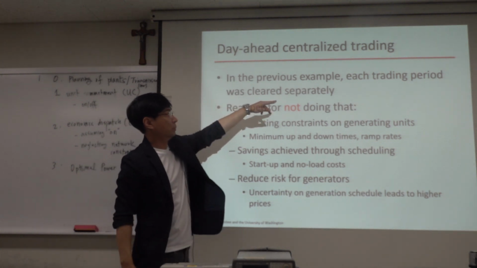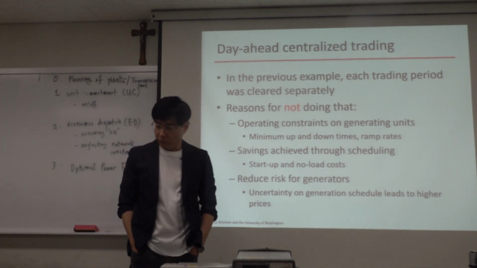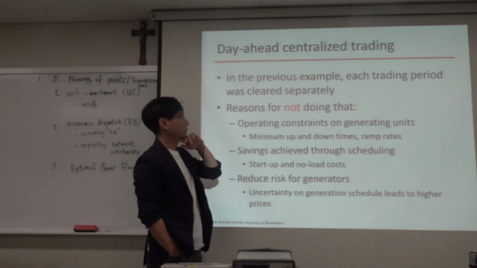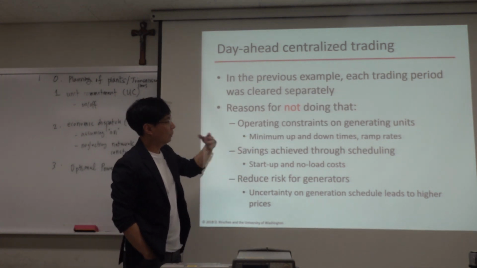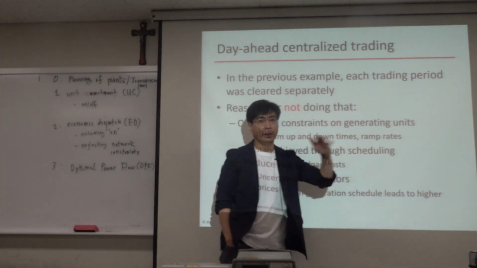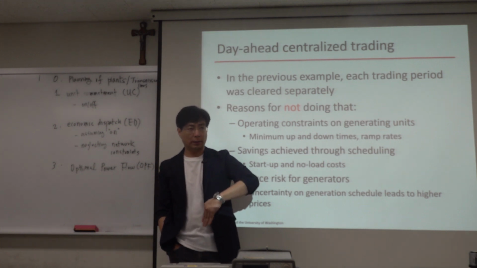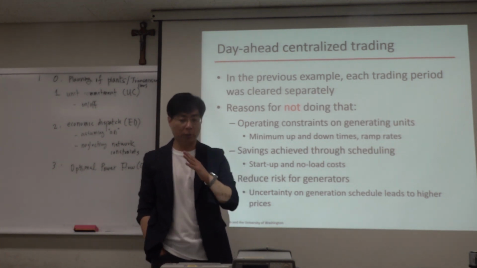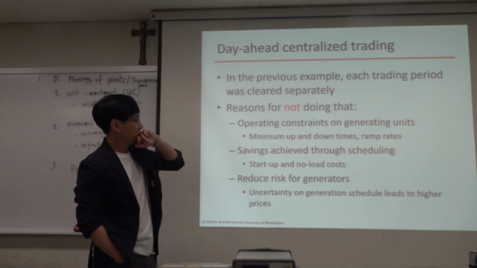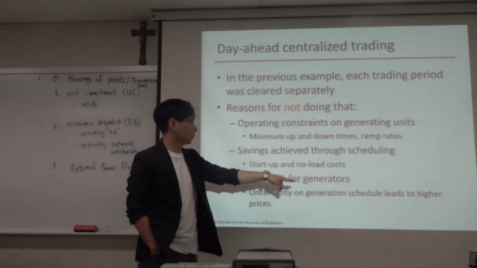In the previous example, each trading period was cleared separately, but we don't want to do that. The reason is because the operating constraints on generating units have minimum up and down time, and there is a ramp rate. That means you cannot increase very fast or you cannot decrease very fast. Okay, there is a ramp rate limit, and because there is startup cost and no load cost.